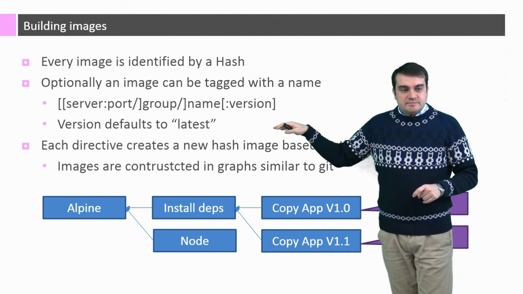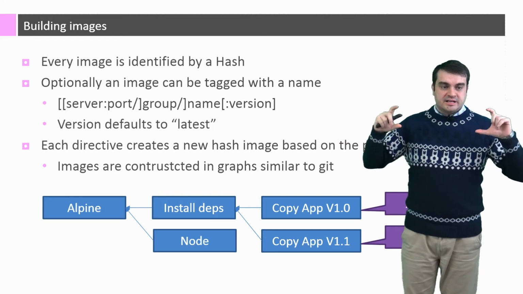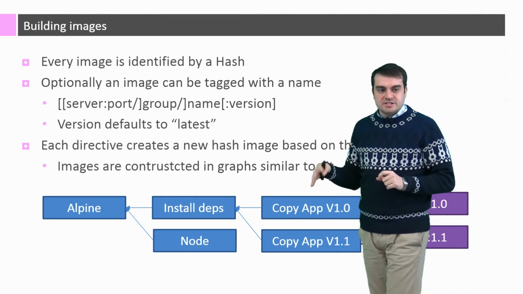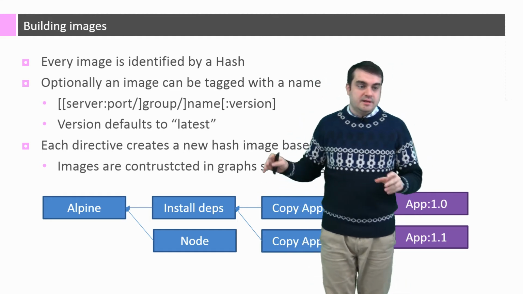Each directive that we've seen before will create its own image, in the sense of a hash image. In this way, the images are built very similar to commits in Git.